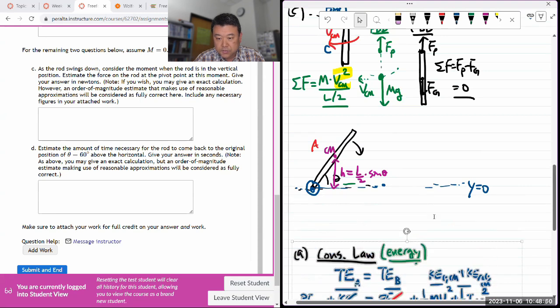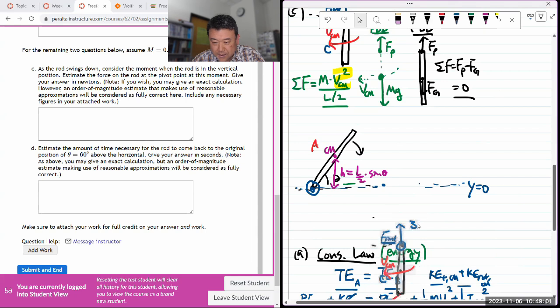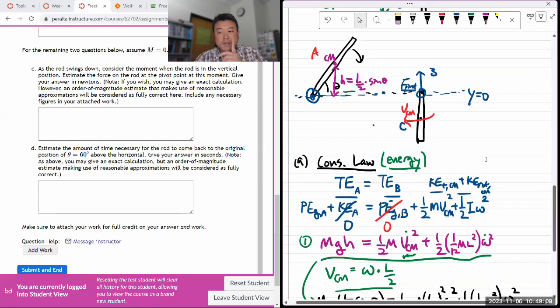What I can do is, instead of redoing the whole, wait, no, I do have to redo the whole calculation, never mind. I thought I could take the result in A and double it, but I don't think I can, because the geometry that I'm ending at is not symmetric, so I actually have to work out the whole thing. So I have this. Snapshot A doesn't have to change.